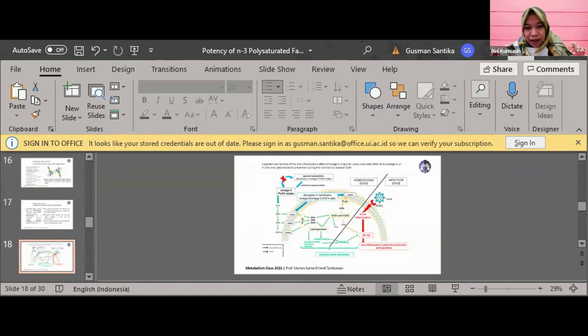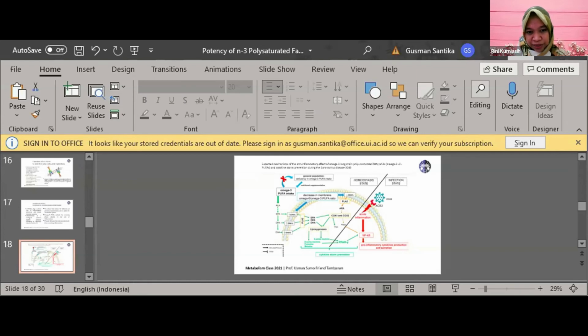I have a question about this presentation. It said that omega-3 anti-PUFA has potential as anti-inflammation for COVID-19.